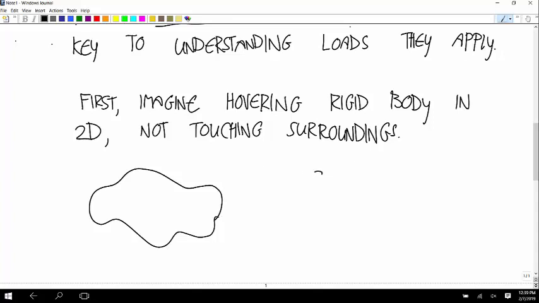But it has three motions that it can make. And these motions we're going to call degrees of freedom.